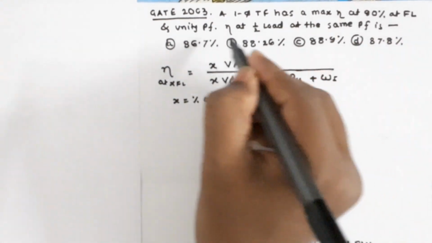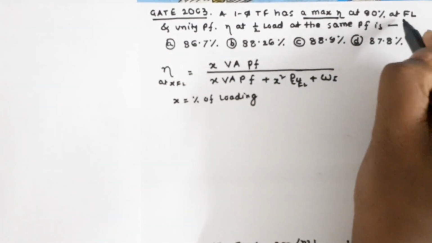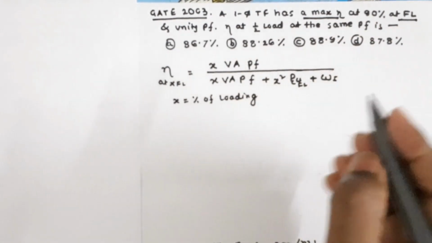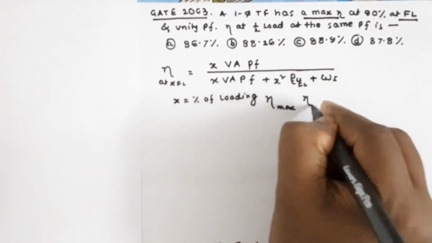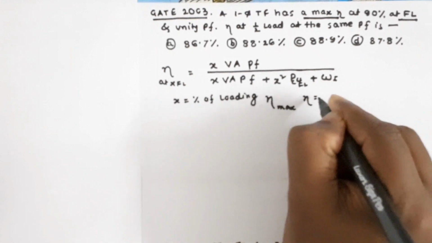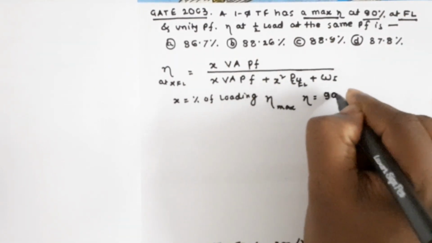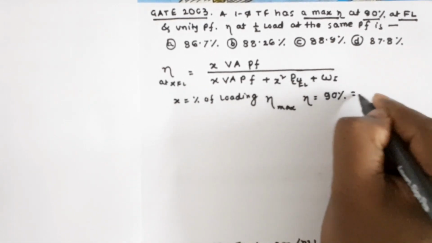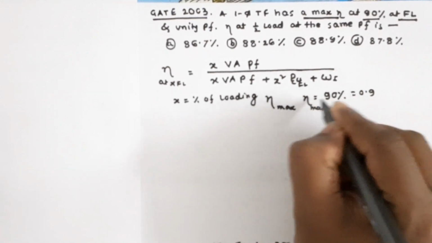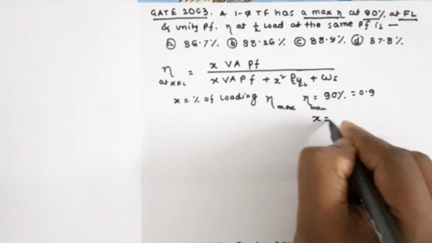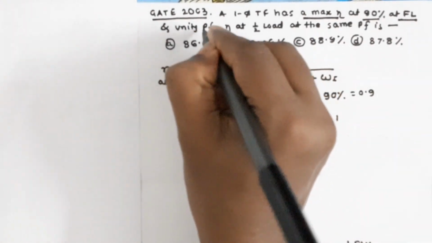Here at maximum efficiency, the maximum efficiency occurs at full load. That means for maximum efficiency, efficiency equal to 90%, that is 0.9, the value of X equal to full load, that is 1. And what is the power factor?